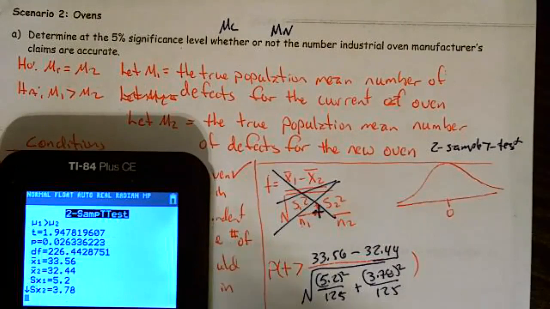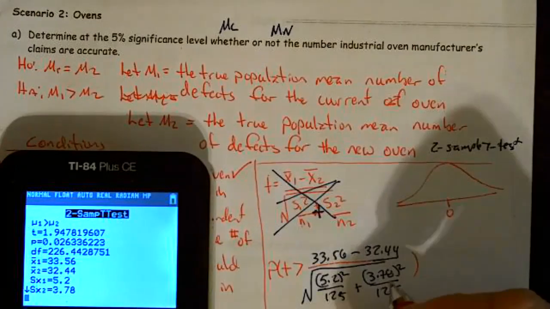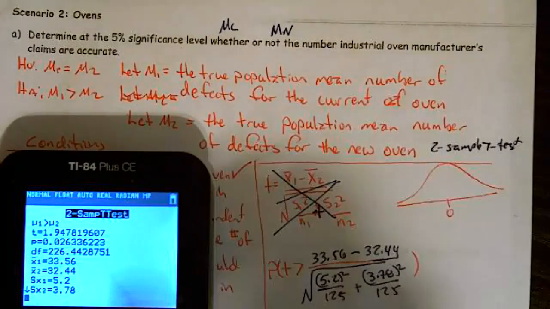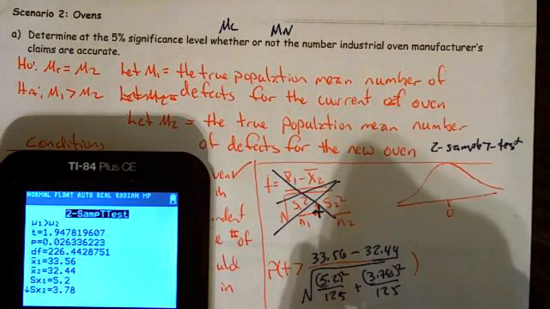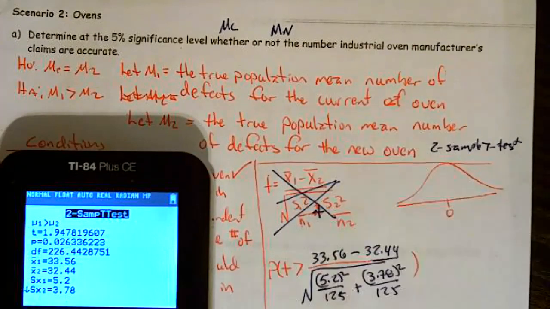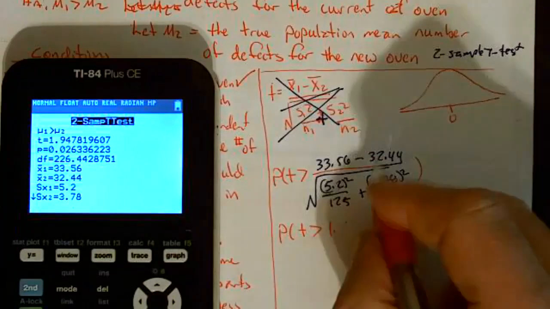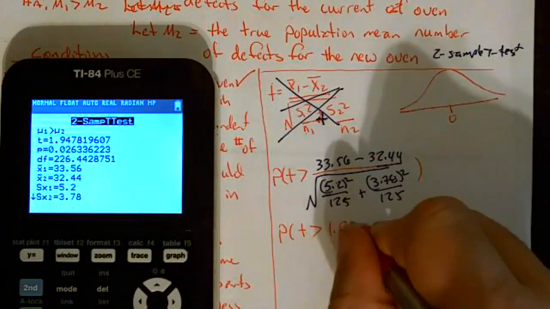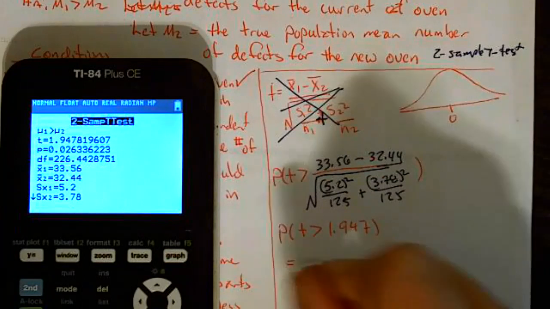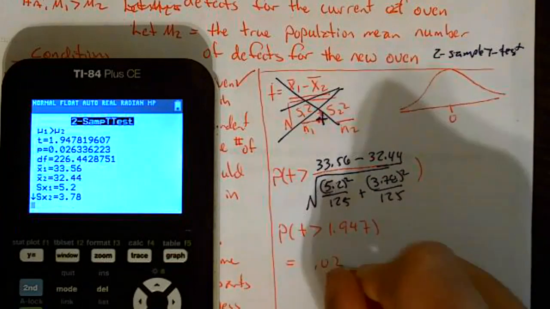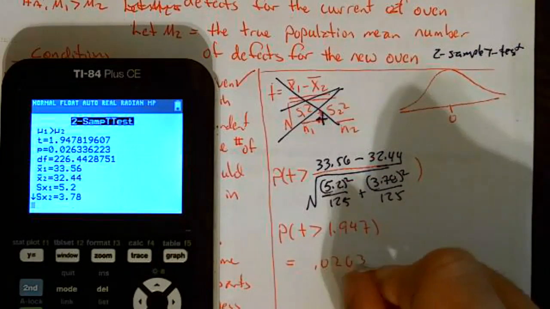When I do that, I get a probability that T is greater than 1.947, and that equals 0.0263.